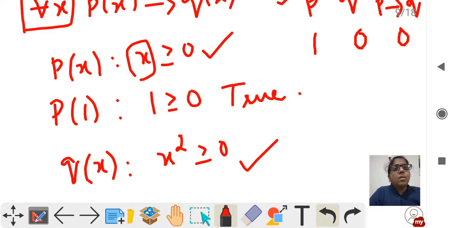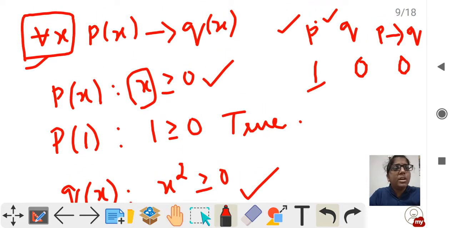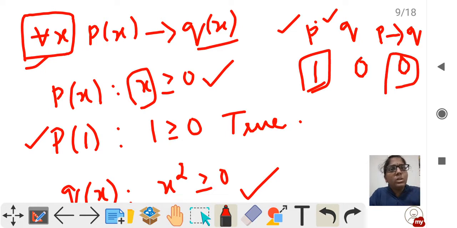It depends on the statement, so you have to check the statement, and the quantifier also you have to see. If it is an implication, you have to go with this condition: the first one should be a true statement, and the second one you should make a false statement. If it is false, then you will get the whole statement as false.